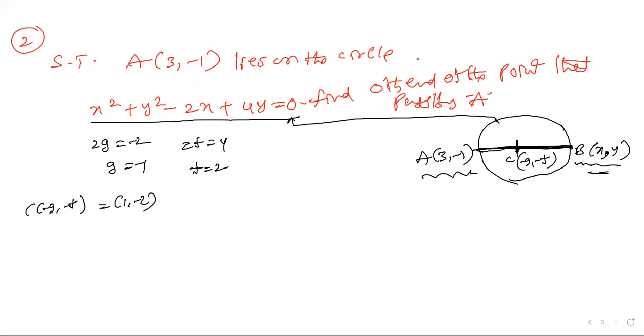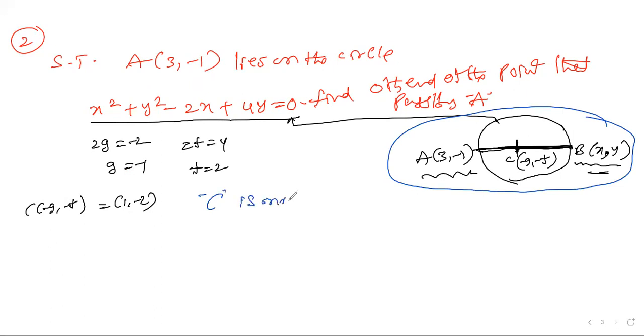So from this diagram, we can say one point: the center C is the midpoint of A and B. So substitute. What is the midpoint formula? C is the midpoint, right? So the value of C is 1 comma minus 2, the midpoint of AB.